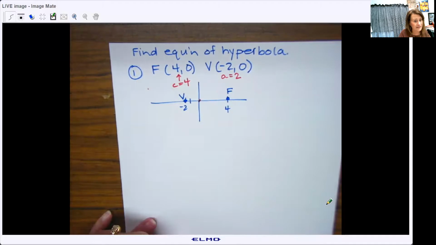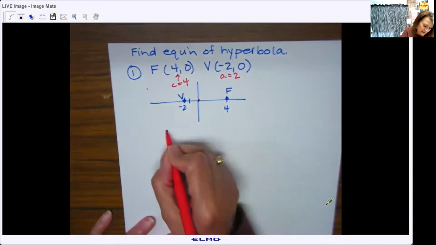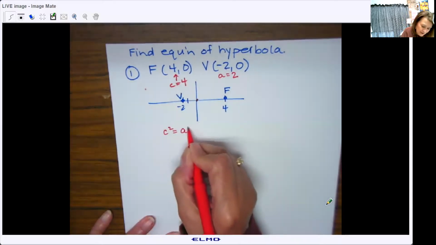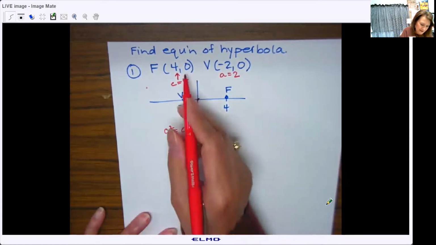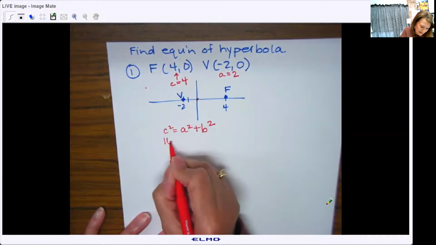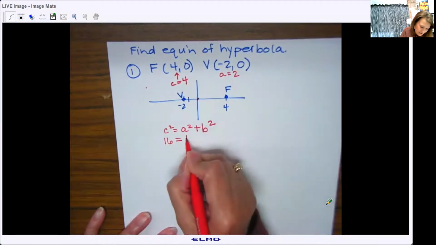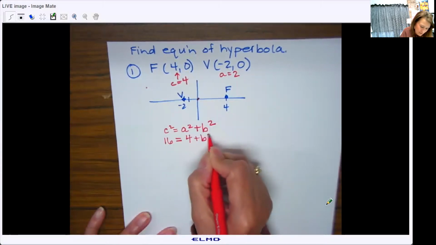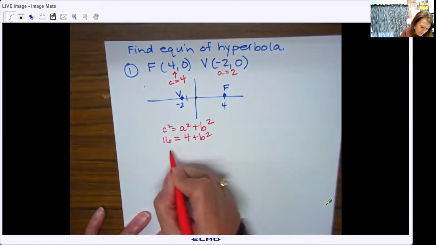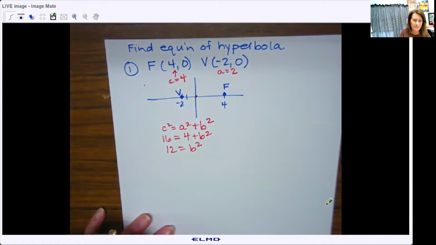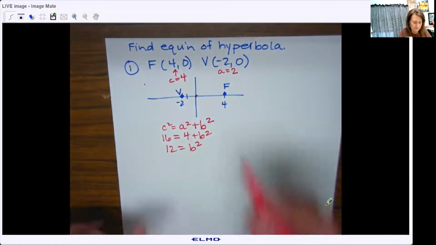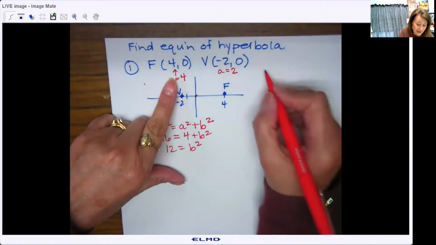So we've got A and C. And guess what? We can find B, because C squared is equal to A squared plus B squared with the hyperbola. C squared would be 16 equals A squared, which is 4, plus B squared. We don't know B, so we subtract the 4. It looks like 12 is equal to B squared, and we can stop there. Now we need to decide where's the major axis?